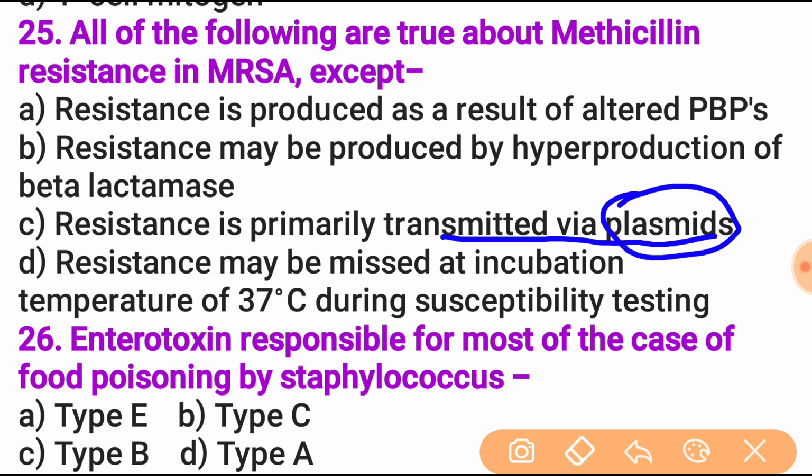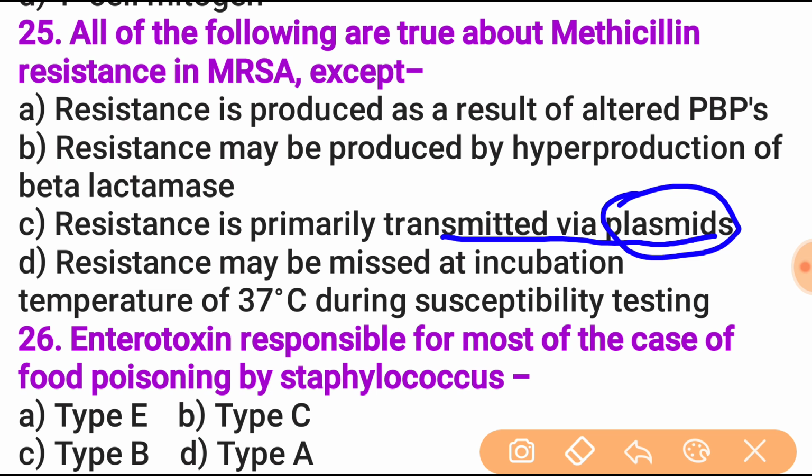So this is wrong. And resistance may be missed at incubation temperature of 37 degrees C during susceptibility testing. It is due to methicillin resistance being expressed more at 30 degrees Celsius than at 37 degrees Celsius.